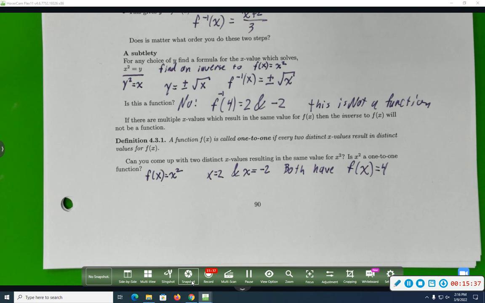So the squaring function has two different inputs which both go to the same output. Look at that definition. Is this function a one-to-one function? No. It is not the case that every two distinct inputs go to distinct outputs. There's a counterexample. And just because I'll make this language blunder at some point, there are other words used to refer to one-to-one.